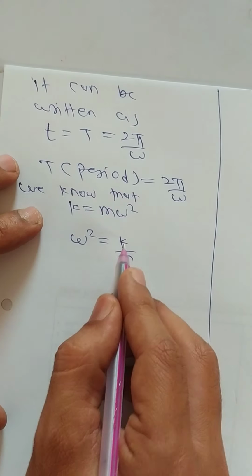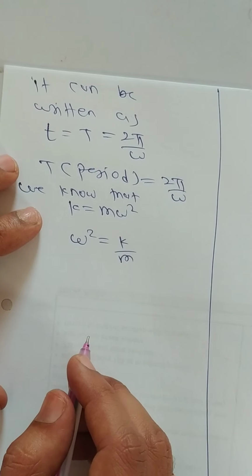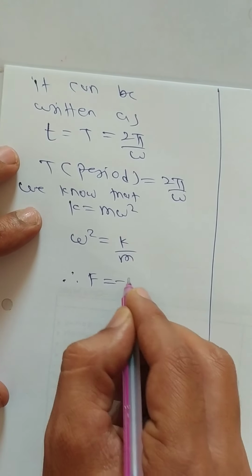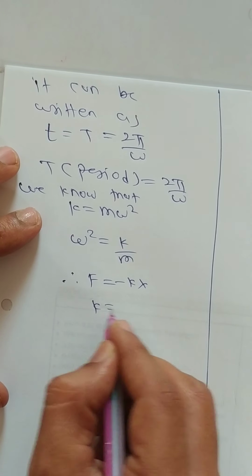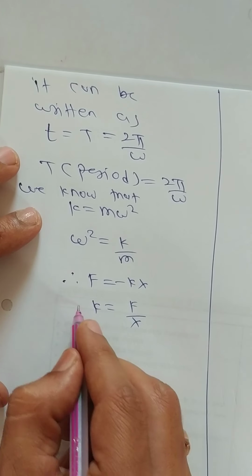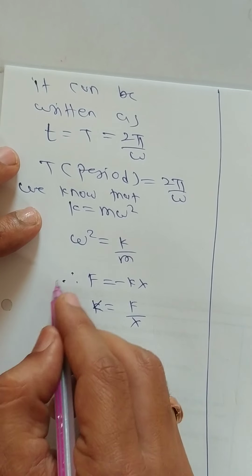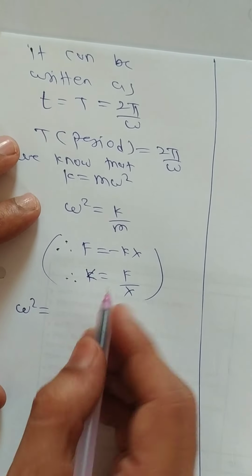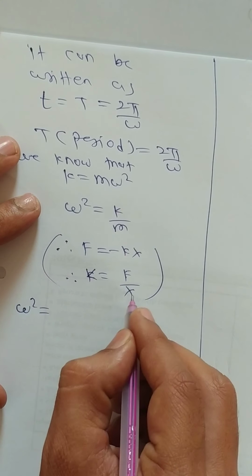K is the force constant, or force per unit displacement. We have seen that f is equal to minus kx, so k is equal to f upon x. So omega square is equal to k, which is force per unit displacement, upon the mass m.